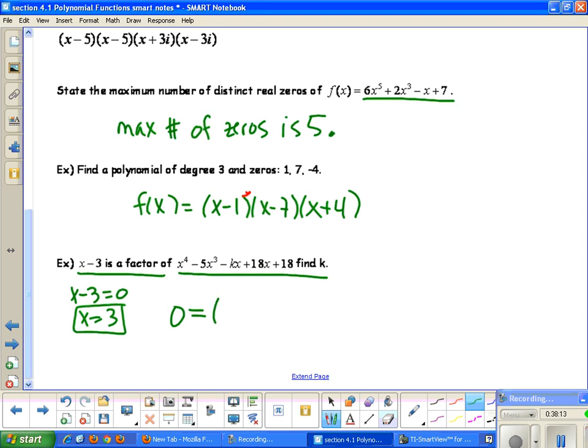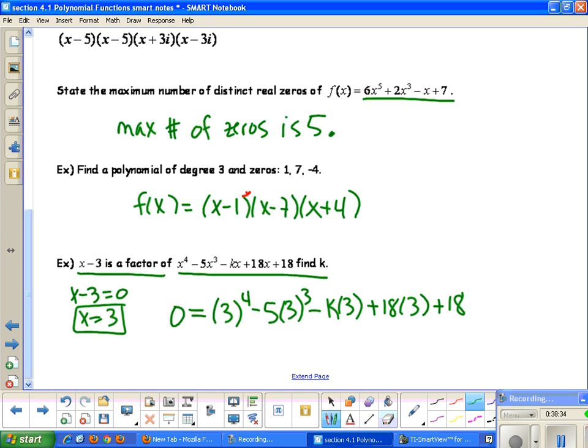So I would do 0 equals 3 to the 4th power minus 5 times 3 to the 3rd minus k times 3 plus 18 times 3 plus 18. The only thing I need to do then is to solve this equation.